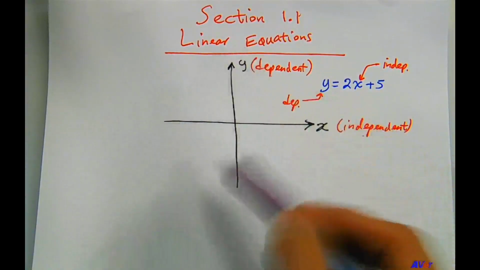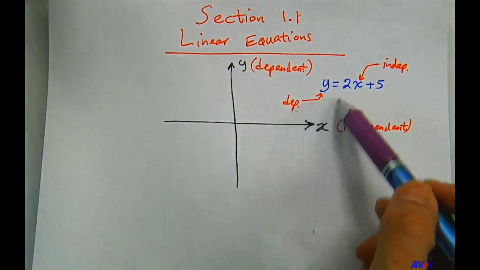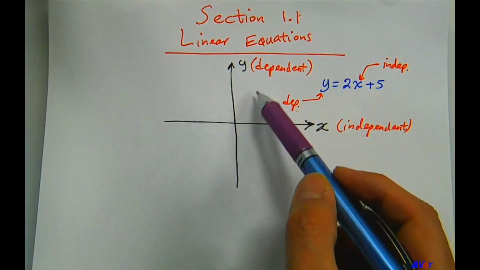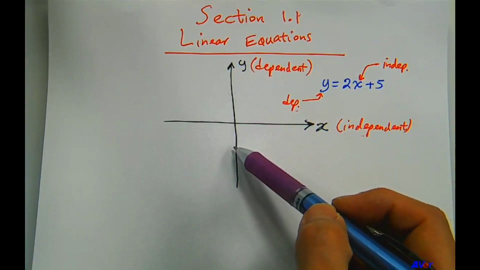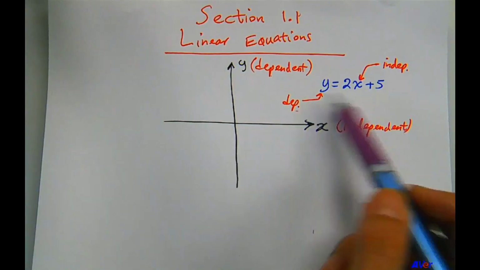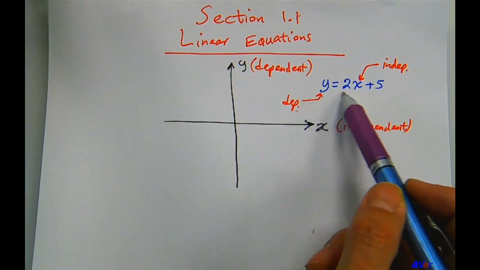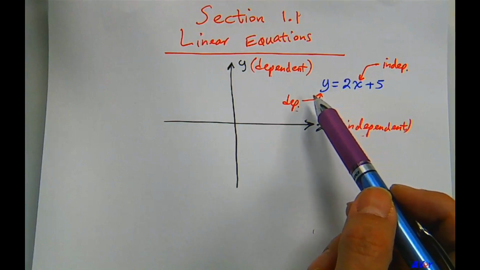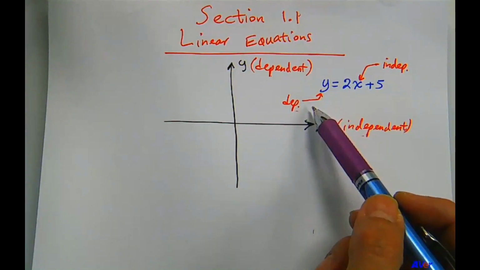And this axis is meant to establish a relationship between these two variables. At least this is a graphical representation between these two variables. This equation is a symbolic representation of the relationship between x and y.